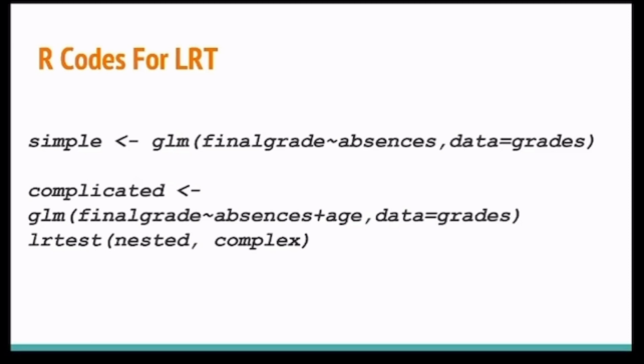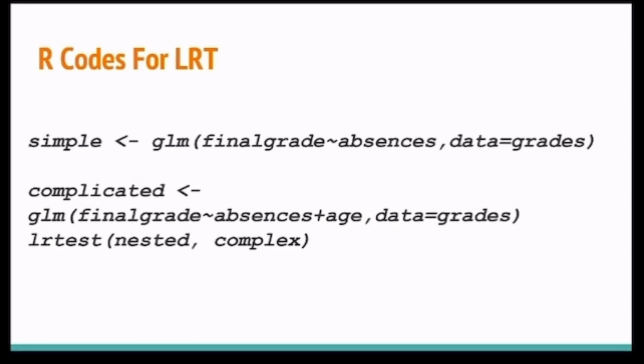And right now, you basically want to compare. Should I just use a simple binary logistic model, or should I use a multiple binary logistic regression model? So here we're comparing the simple model with a complicated model.